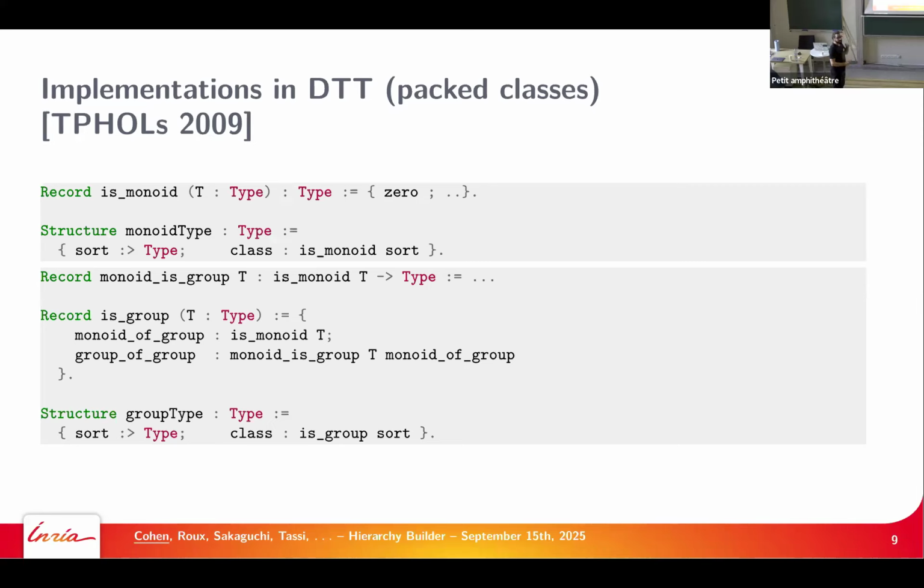But then I can immediately package together the data of the monoids with the data of the groups, and I've got this group record, which tells me what I need to add to a type, just a type, to get a full group. With the duplication that I mentioned earlier. And now a group is just the bundling of a type with this group structure. So nothing new until now. It's a cold case.